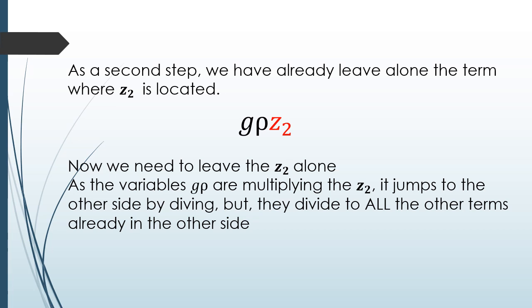All these three terms are multiplying each other. But we need to leave alone the Z2. That's why the G and the density symbol need to be moved to the other side. Since they are multiplying the Z2, they go to the other side, dividing. In this case, the G and the density go to divide the whole other terms.